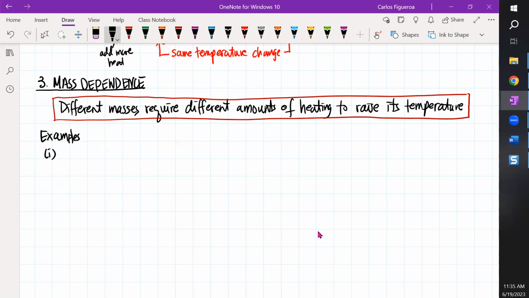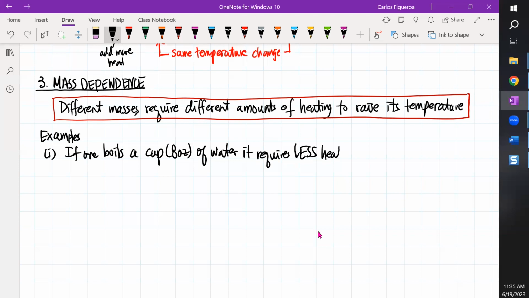I'm going to say, if one boils a cup, and let's say this is 8 ounces of water, it requires less heat transfer than boiling a gallon. What's a gallon? It's 128 ounces of water.